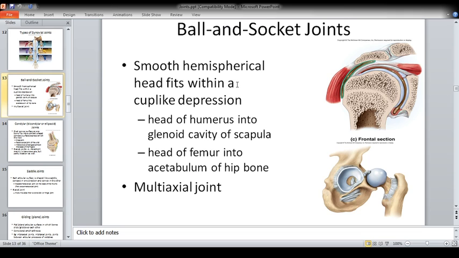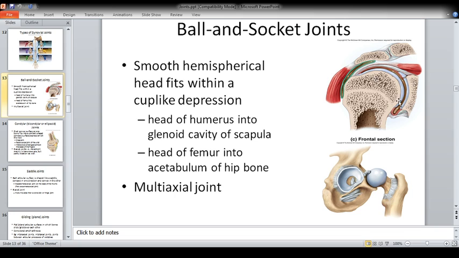So ball and socket joint, as clear by its name, the long bone, its upper end or head, would form a ball-like structure that would fit into a socket-like structure. It is where a smooth hemispherical head would fit within a cup-like depression.